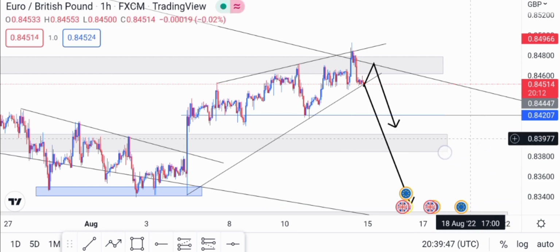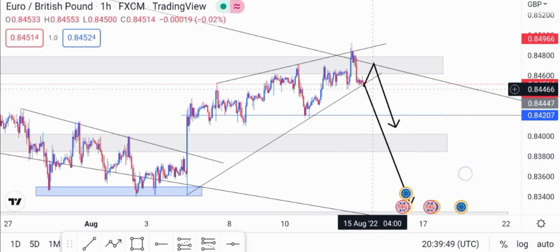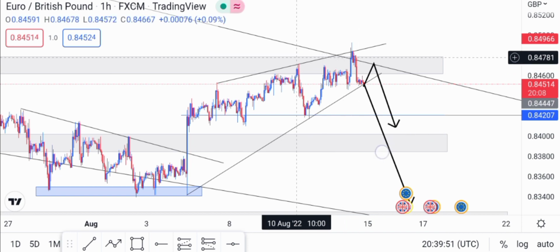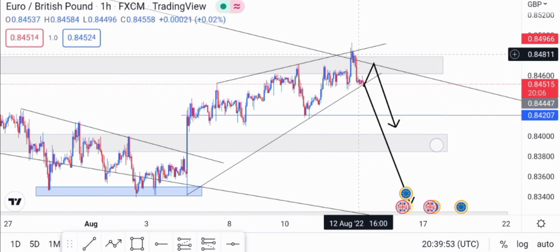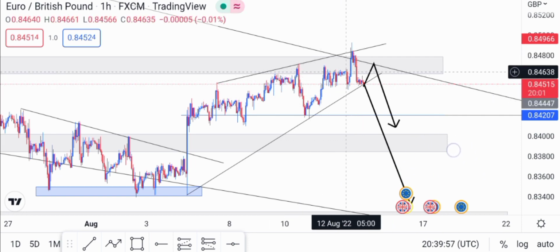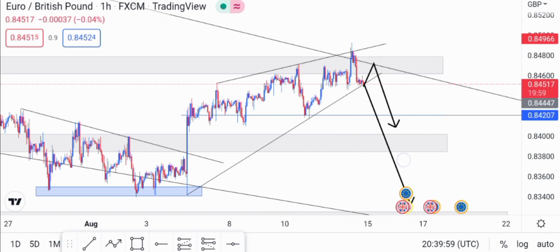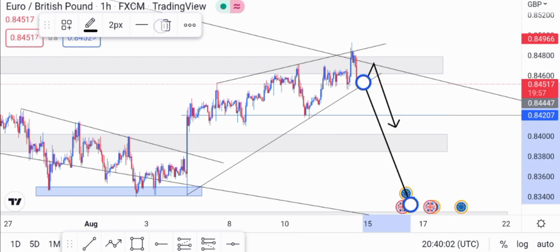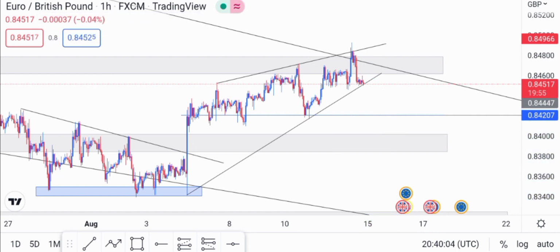So you're just going to wait for a huge breakout on this level. As this pattern gains a little bit of momentum, the sellers are gaining and gaining before you push it to the downward side. So that will be all for EURGBP. Let us move to NAS100.